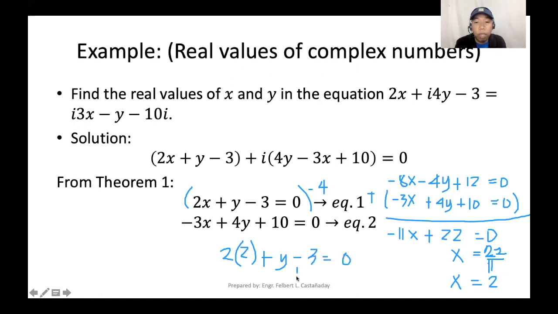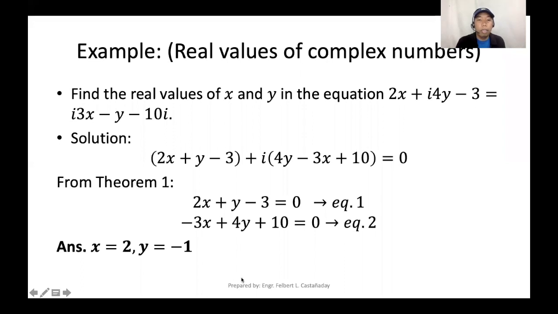So we have y equals, if you transpose to the right-hand side, negative 3 becomes positive 3, and then this will become negative 4. So the answer to this is negative 1. So x is equal to positive 2 and y is equal to negative 1. These are the real values of x and y.